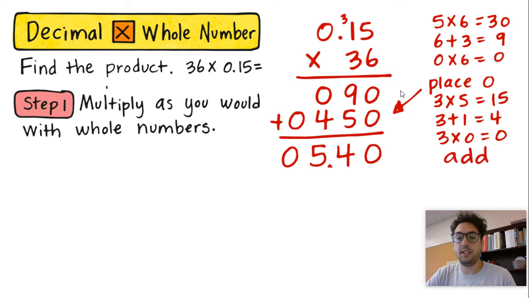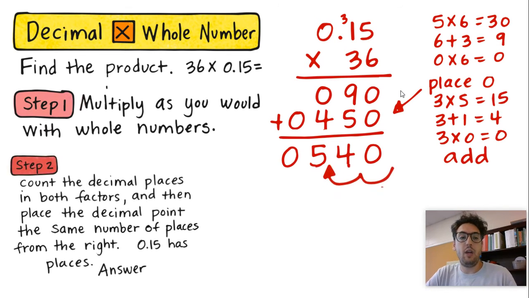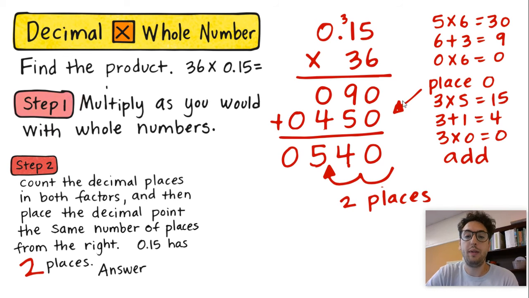We've got a whole second step that we have to take care of. And we have to count the decimal places in both of our factors and then place that the same number of places from the right. And so only one of our factors between 36 and 15 hundredths actually has a decimal, and that's the 15 hundredths. So we're going to look at that, and that's got 2 places.